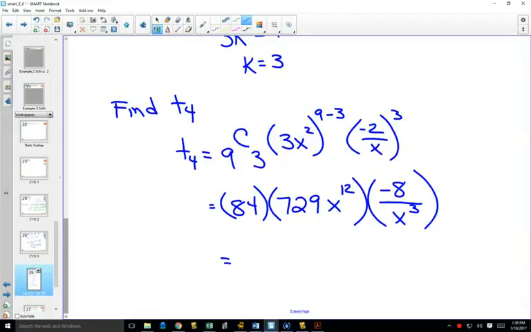So 84 times 729 times a negative 8, and what happens when I have an x to the 12 divided by an x to the 3? I'll get x to the 9. So we know that it works. Term 4 is the one that has an x to the 9. This is the algebraic way of solving this one.